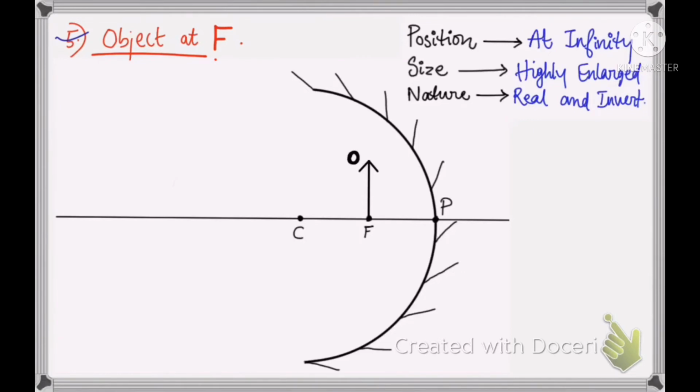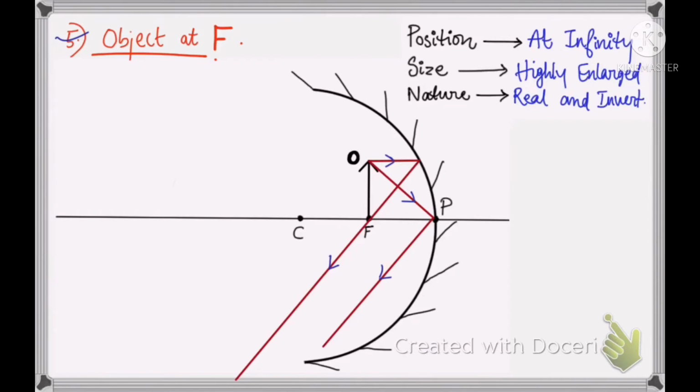Let's see. One parallel ray, it will reflect. And now another ray which is obliquely passing through the pole. And here we can see that both rays are parallel. They have the same distance between each other throughout.